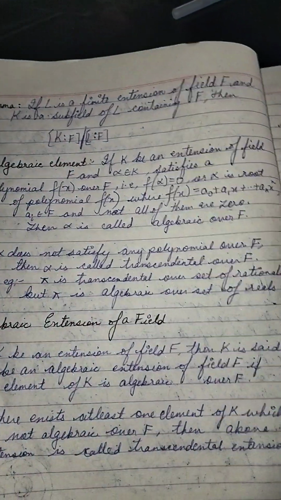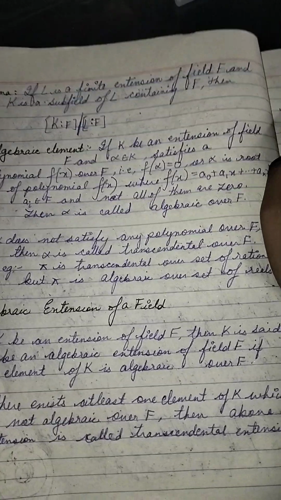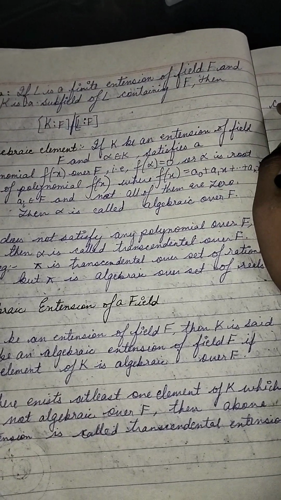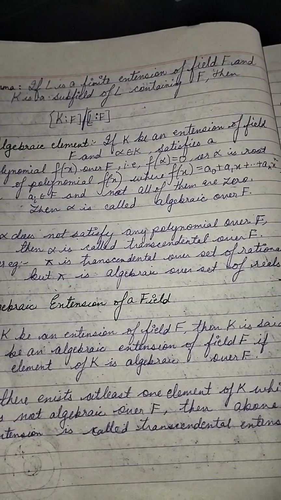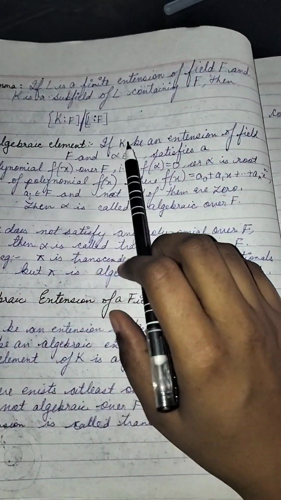Algebraic element. Now we will learn about algebraic extension. The second type of extension of a field is algebraic extension. But before getting to know what an algebraic extension is, first let's discuss what an algebraic element is.